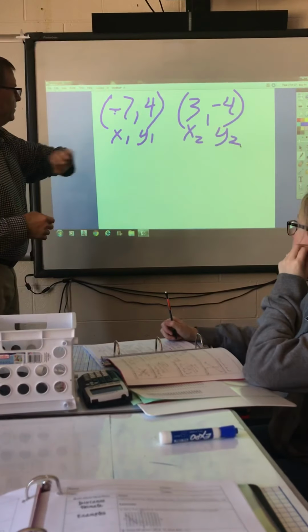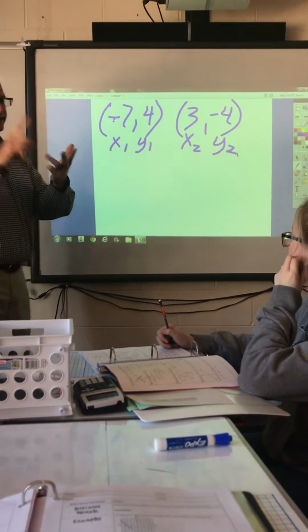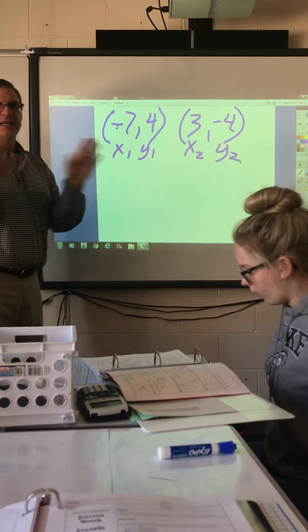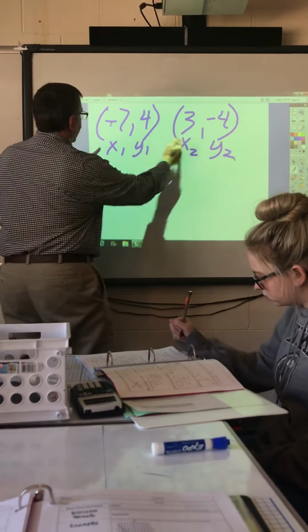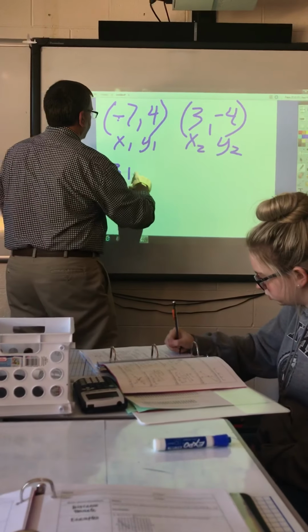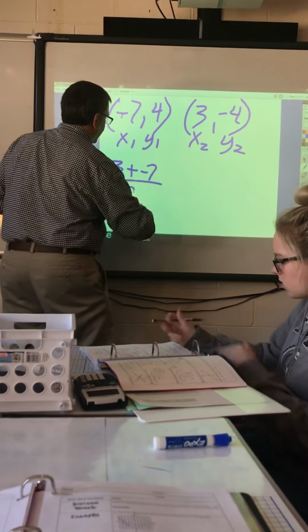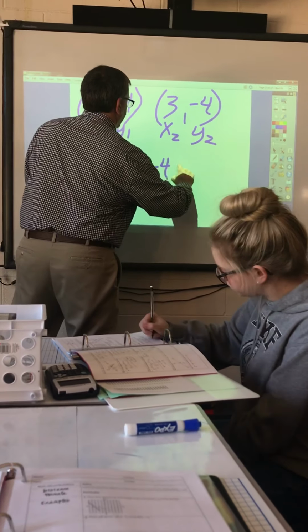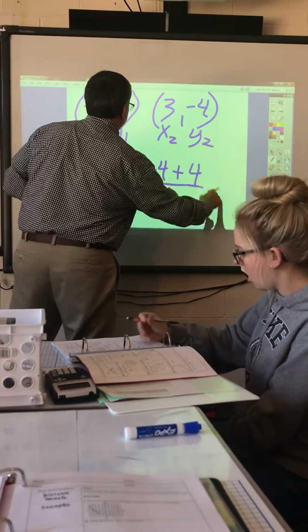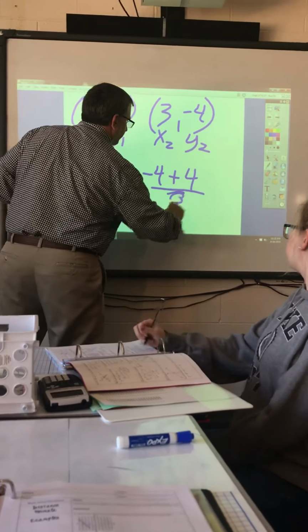When you label on your slope, distance, midpoint, that takes care of about 90% of your errors. So we take x2, 3, plus x1 divided by 2. I take y2 plus y1 and divide it by 2.